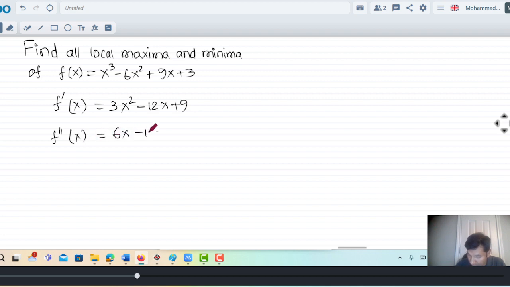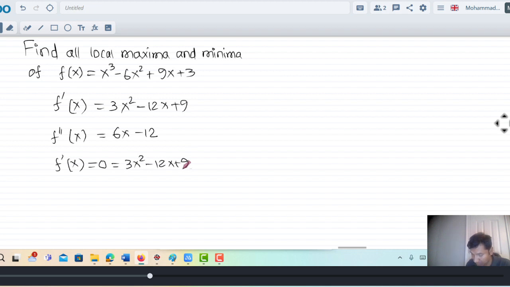and the second derivative is 6x minus 12. Now, to find the local maxima or local minima, we have to use a condition. At a local maximum or local minimum, the first derivative has to be 0. So the first derivative has to be 0.